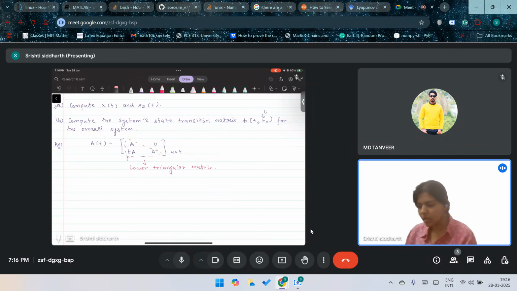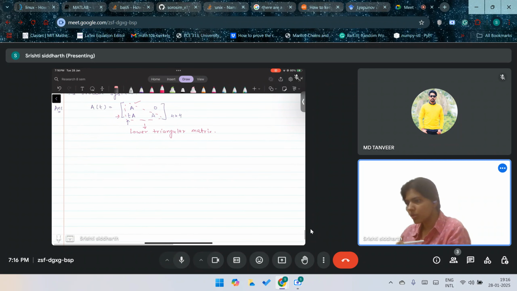So what does this mean? This means that in terms of getting the solution of the system, you can find x1 first and then substitute in the second equation to find x2. So x1 dot is actually simply A x1(t).